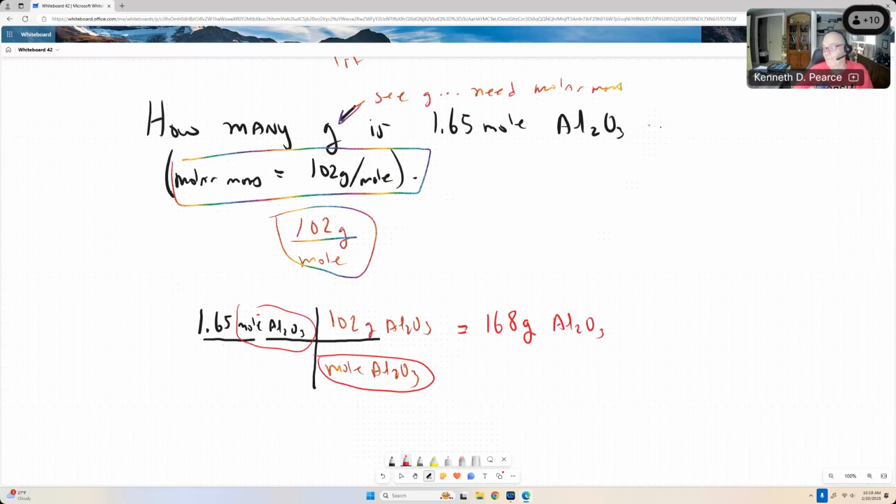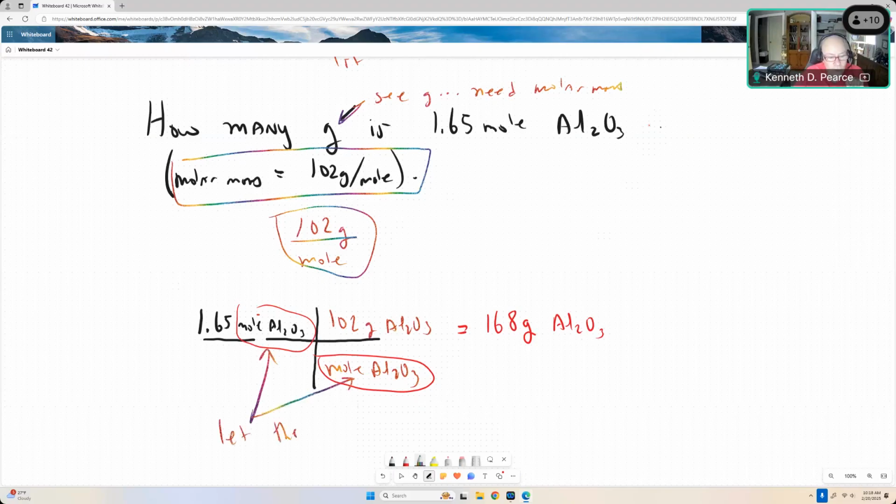Do you see that? Now what you have to do here is whatever you do, don't try to guess whether you divide or multiply. In other words, don't look at it and say, oh yeah, I remember anytime I have this going on, I have to divide. Or anytime I have this going on, I have to multiply. Don't do that. What you do is you let the units do the setting up for you.